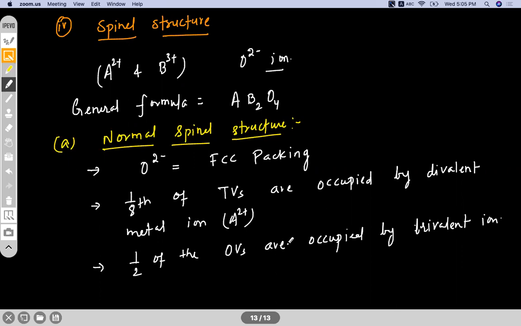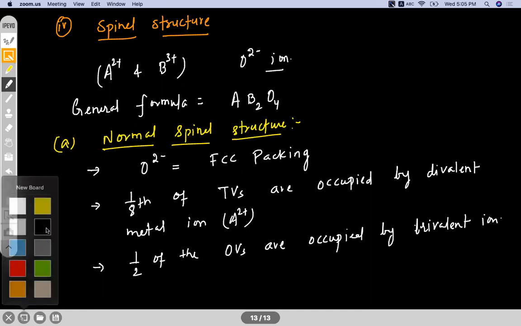Could you tell me how many A2+ and B3+ we have? Number of A2+ is 1 by 8 into 8, that is equal to 1.